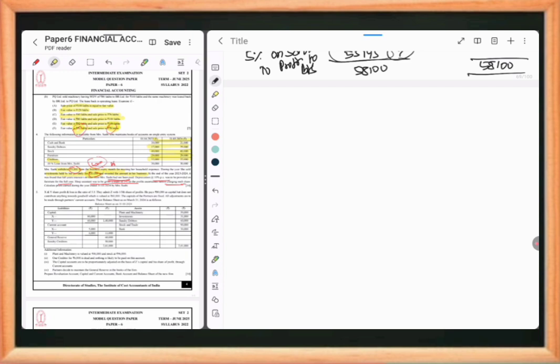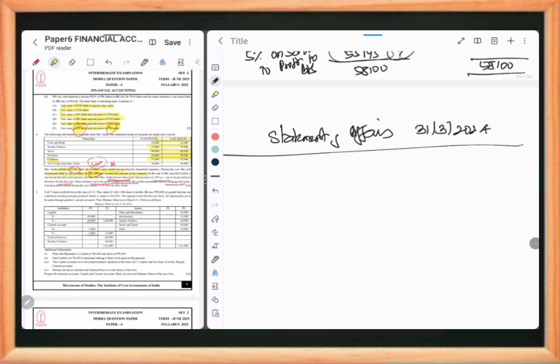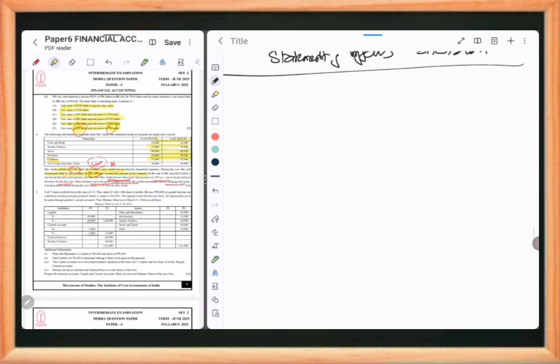For balance sheet, the statement of affairs is the same. Statement of affairs or balance sheet, both are the same. Statement of affairs for the year ended 31st March 2024. So let us start from the opening capital.